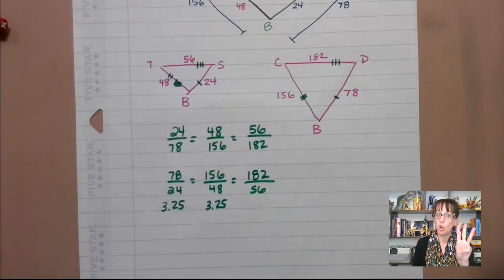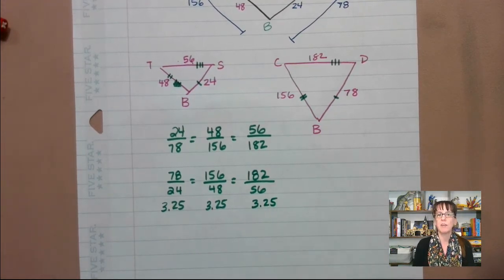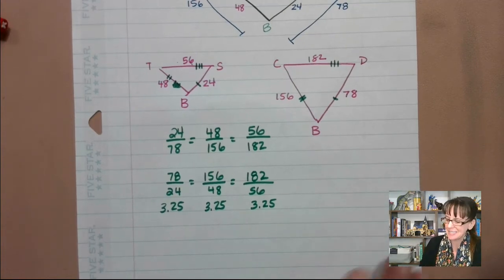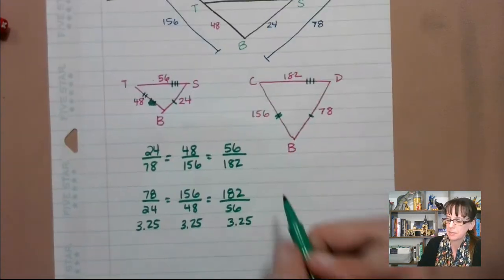You have to make sure all three sides do this, otherwise it is not similar. So don't just check two and say it's totally similar. You've got to check all three sides. And I get 3 and 25 hundredths. So yeah, these are similar by side, side, side.